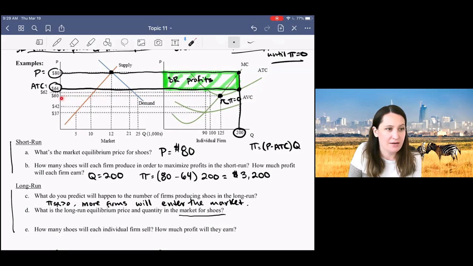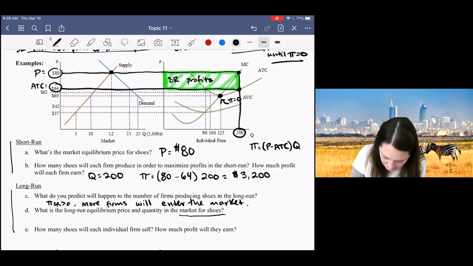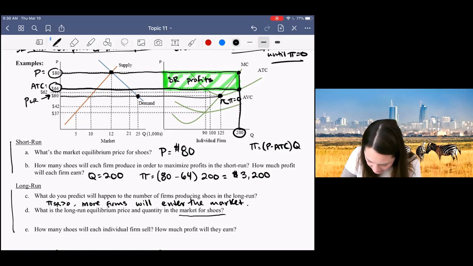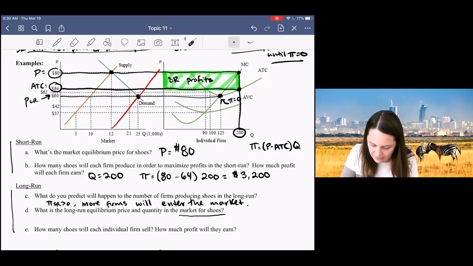That's a price of 60. And supply then I know is going to shift out until it intersects the demand curve, giving us a new market price of 60 so that profits are equal to 0 for the individual firm.